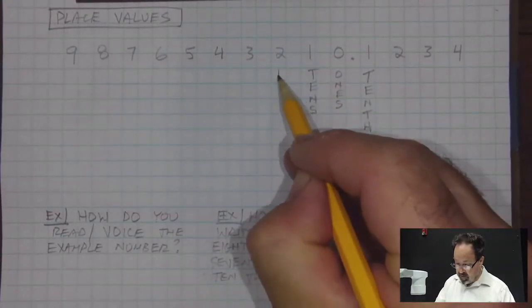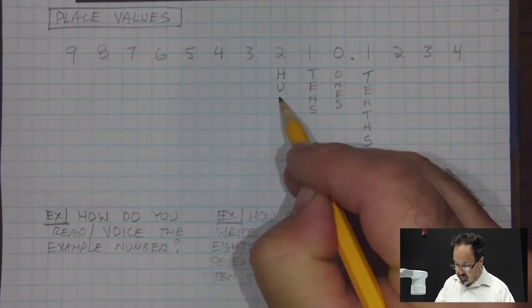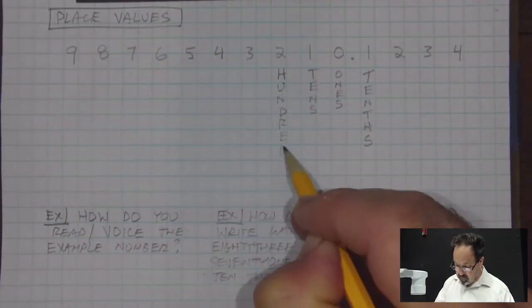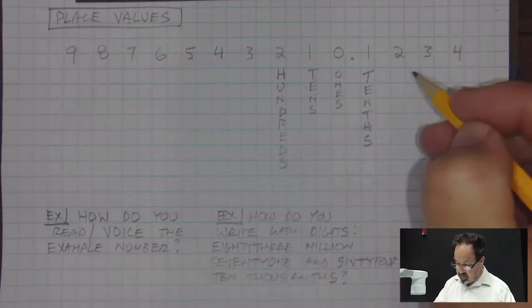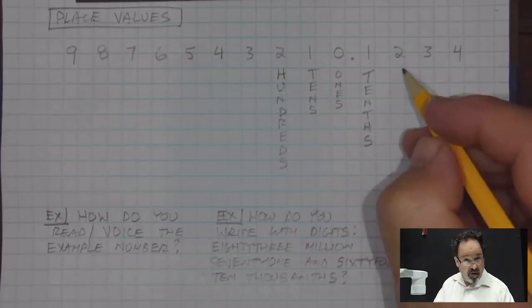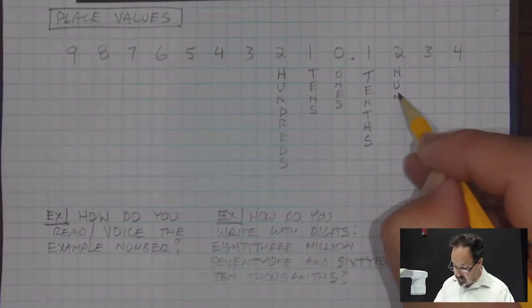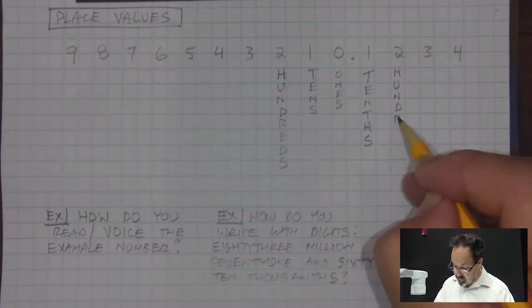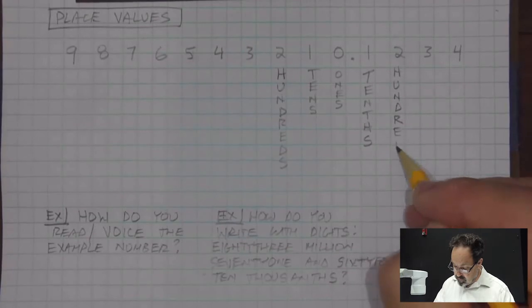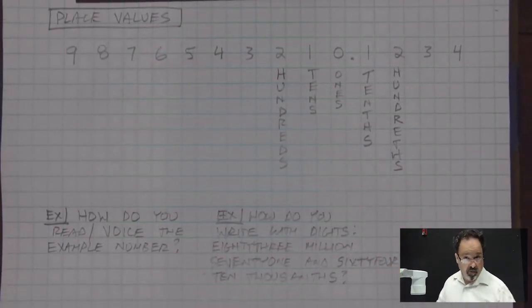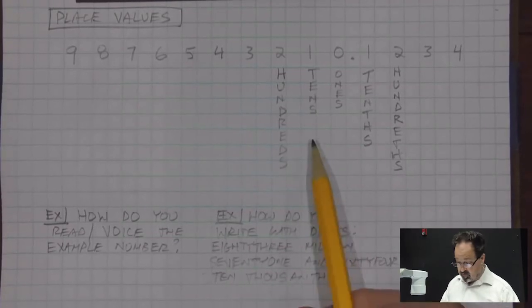This 2 is in the hundreds position. This 2 here is in the hundredths position. We have to be careful because they're similar words, but we have to pronounce the end of those words so that we can hear precisely.